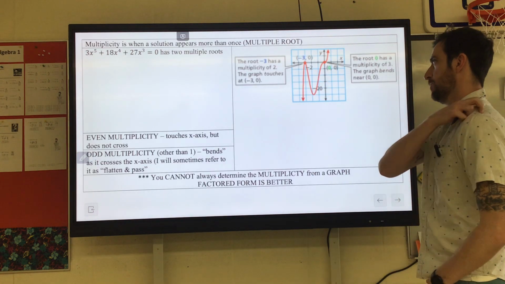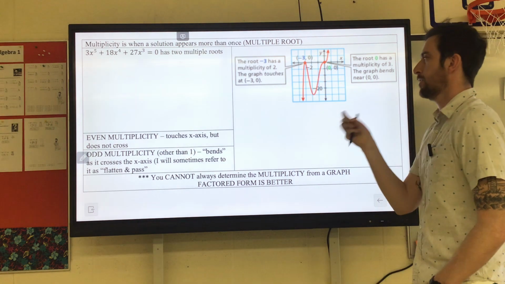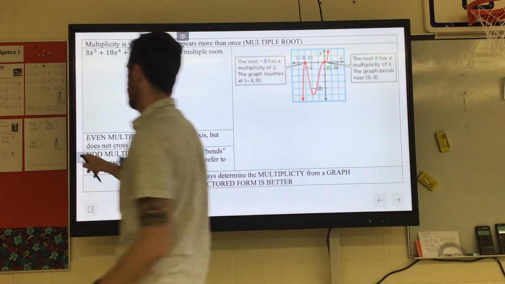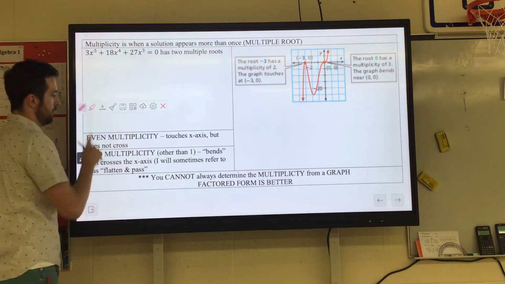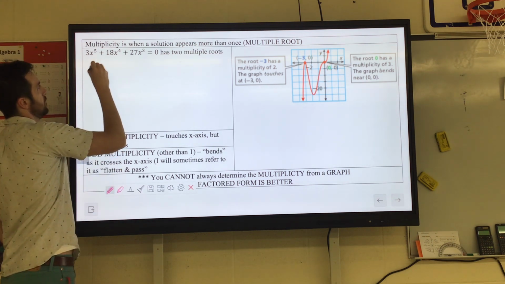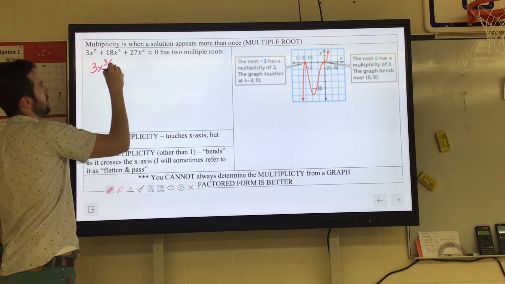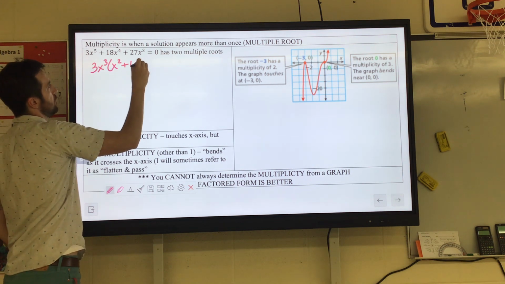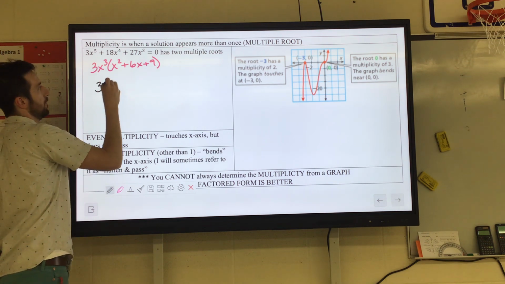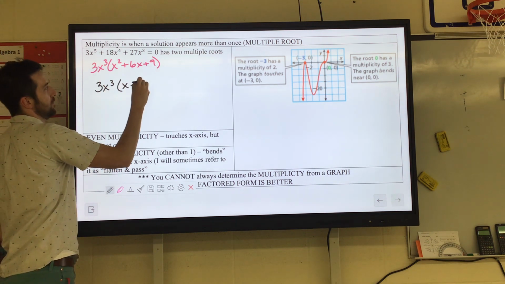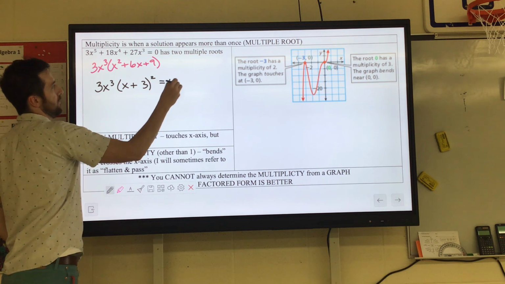All right, so this was a problem we did earlier. You don't need to write it from before, but I think what we had before, let's see, 3x to the third times x squared plus 6x plus 9, which factored to x plus 3 squared equals 0.